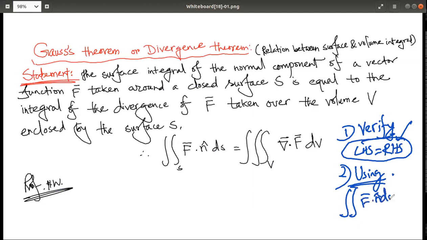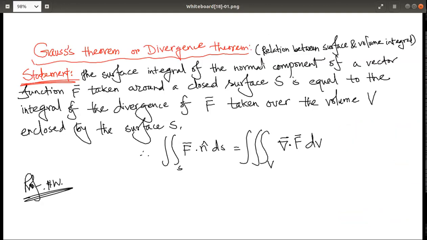If we need to find the surface integral and the volume integral is easier, then we can apply the volume integral. That means whichever problem is easier, we can apply that.